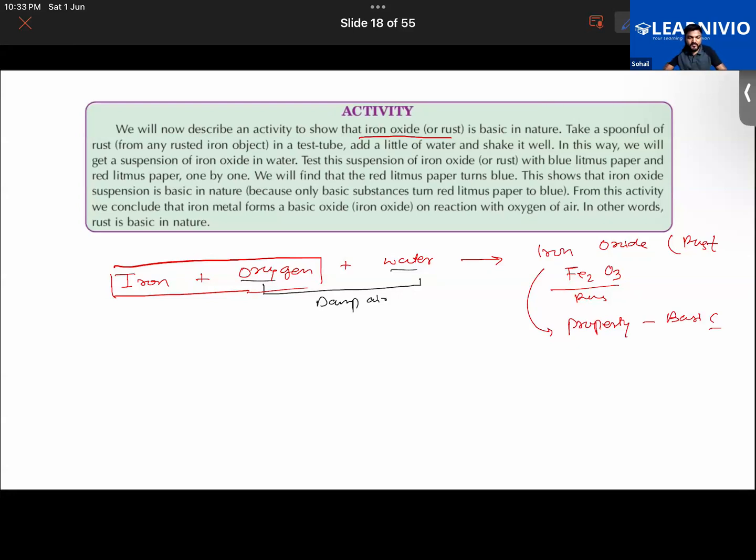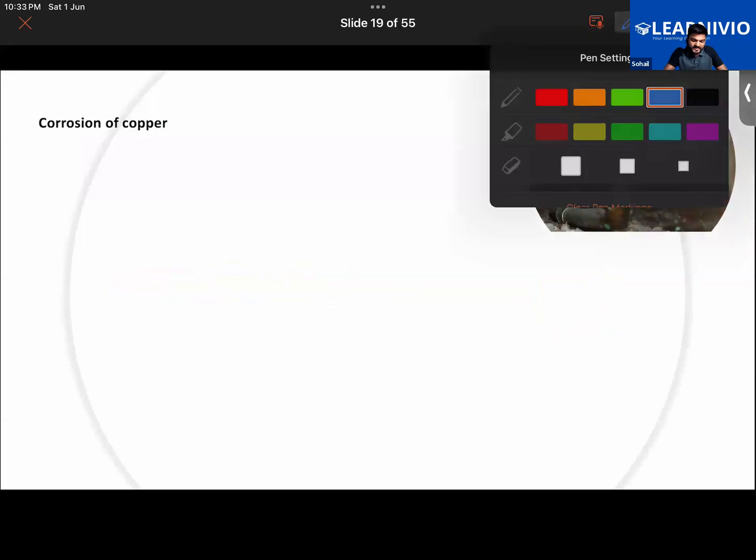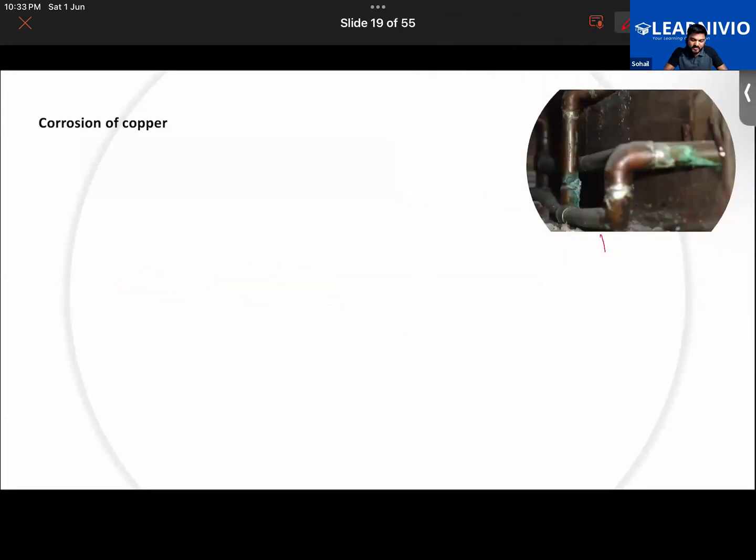Now we have some more examples. You might have seen that pipes made up of copper, or objects made up of copper, after some time develop a green layer above them. So the question is, what is that green layer that forms above them? Here also the same kind of reaction is going to happen, but with one more thing. What happens when a copper object is exposed to moist air for a very long period? Then copper starts to react with water, and not just water.